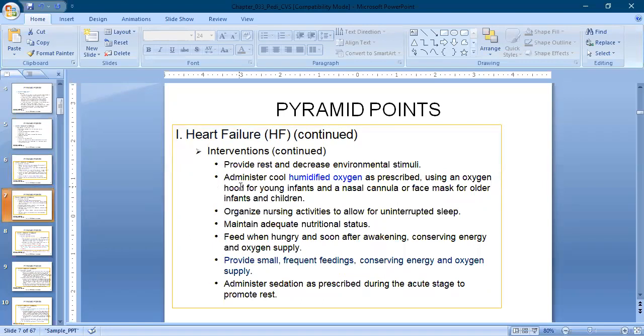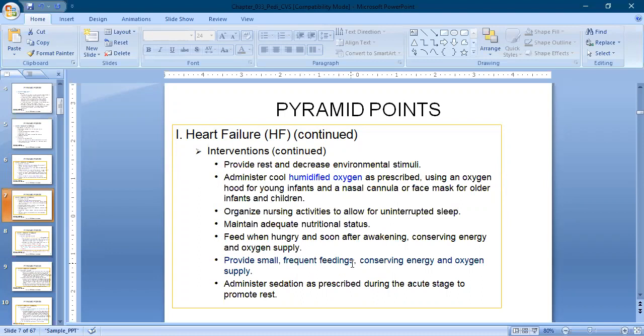But what should we do, right? We should prevent or decrease environmental stimuli. We administer oxygen. Make sure the oxygen is humidified, right? And also organize the nursing activities, maintain adequate nutritional status, provide small, frequent feeds, and also conserve energy and oxygen supply.